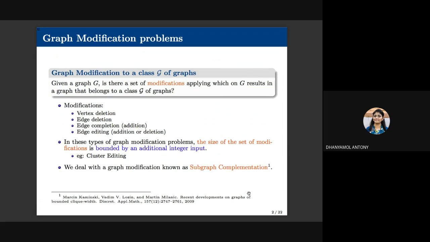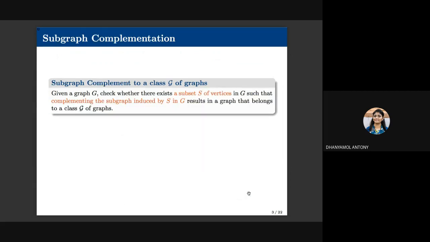In this work, we deal with a graph modification known as subgraph complementation, which was introduced by Kaminsky et al. In subgraph complementation problem, given a graph G, the task is to check whether there exists a subset S of vertices in G such that complementing the subgraph induced by S in G results in a graph that belongs to a class script G of graphs.